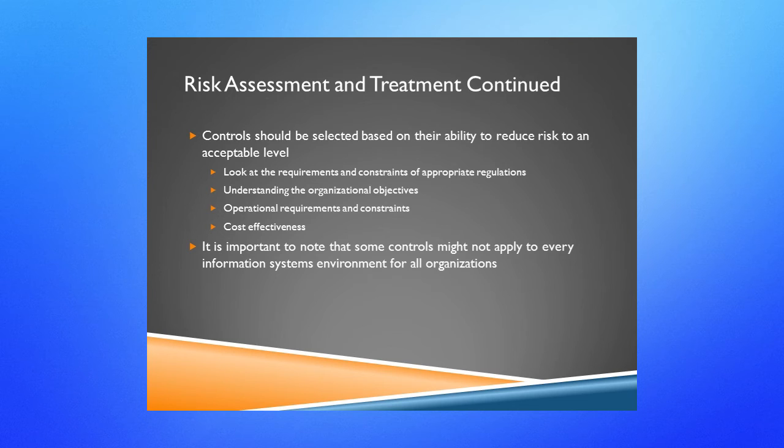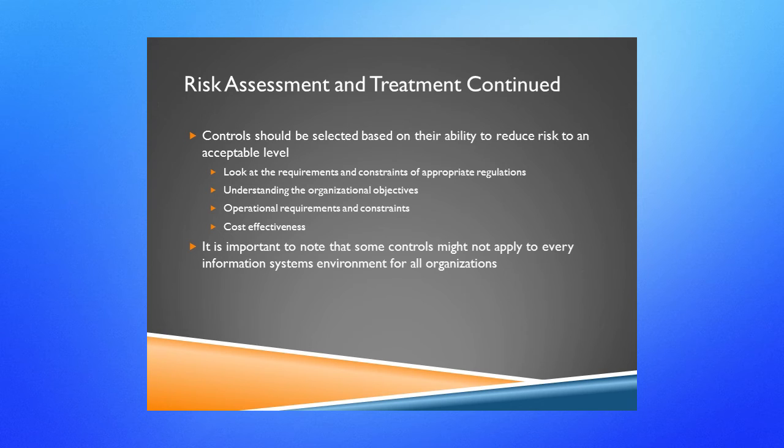You should look at the operational requirements and constraints. Oh, that's another big thing. You might buy this really unique vendor's control solution that's, say, a firewall. I like to use that because it's an easy example. But I might have people who've never heard of that company, have no idea how to implement it. So I might have constraints as far as the resources to even be able to work with that.